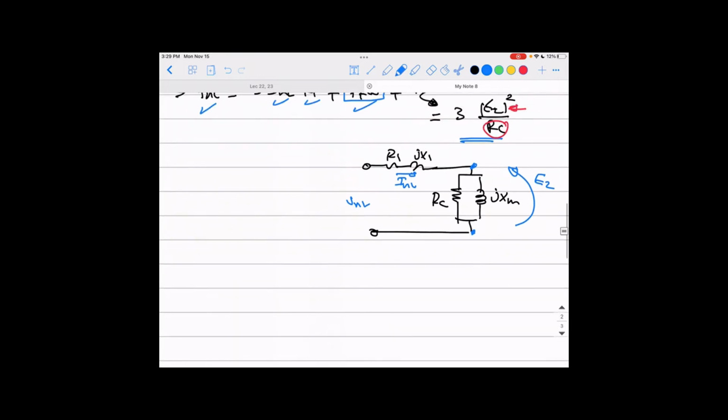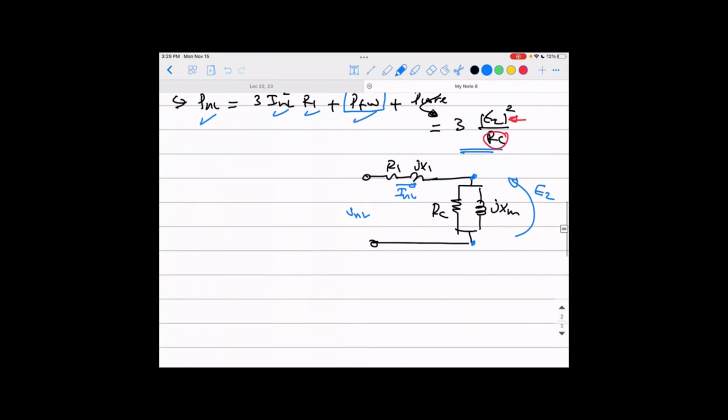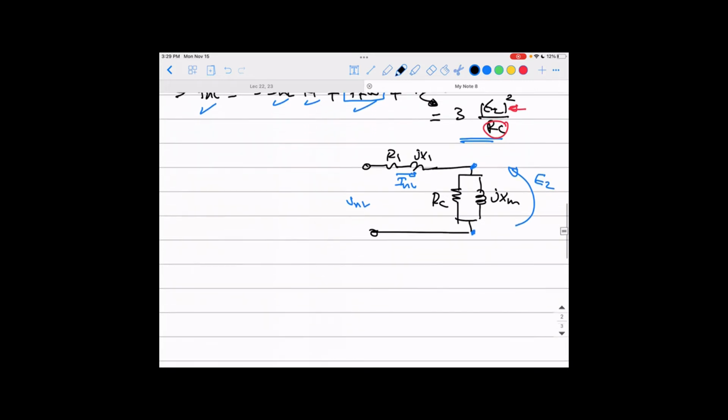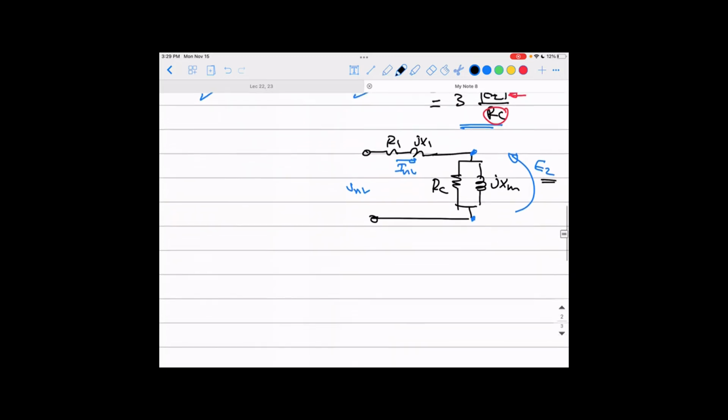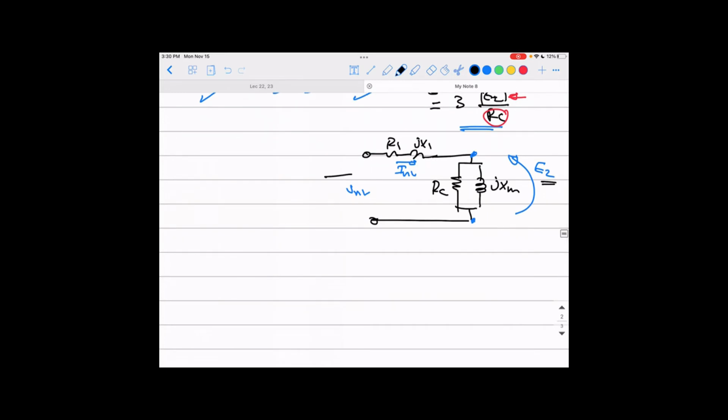How to find this? Easy enough. You can find it from the circuit, but keep in mind that to find everything here, you're dealing with an AC circuit, so everything to be calculated for the voltages has to be in magnitude and angle. So how to find the angle of the current here, because it's not measured? You can just calculate it like we said before. The power going to this circuit, I'm going to call it P circuit, will equal no load power minus the friction and windage losses.